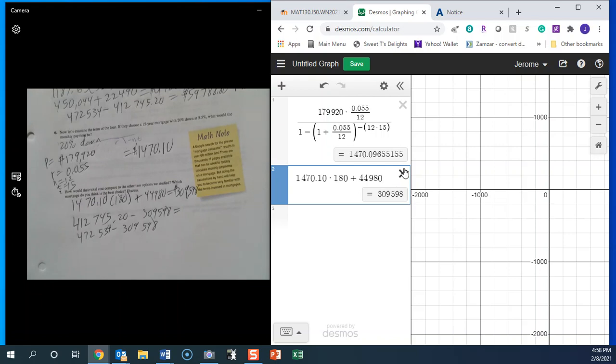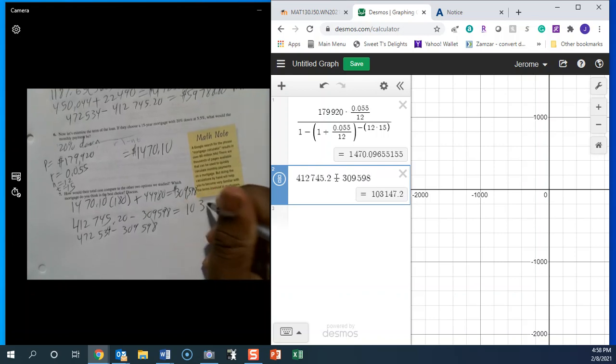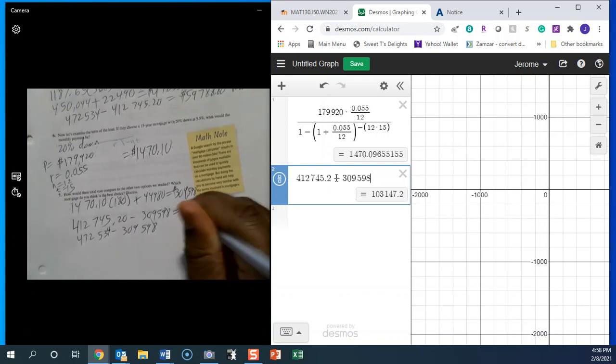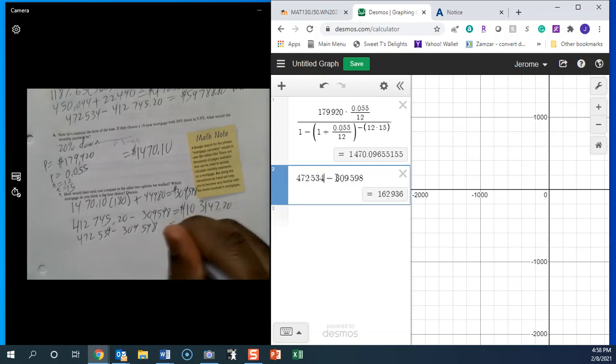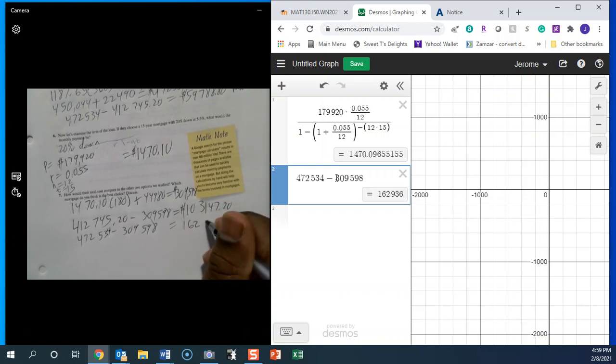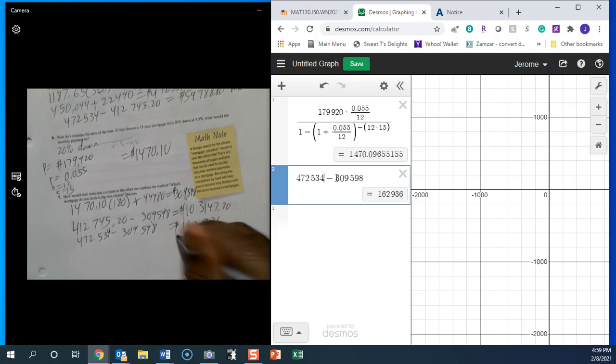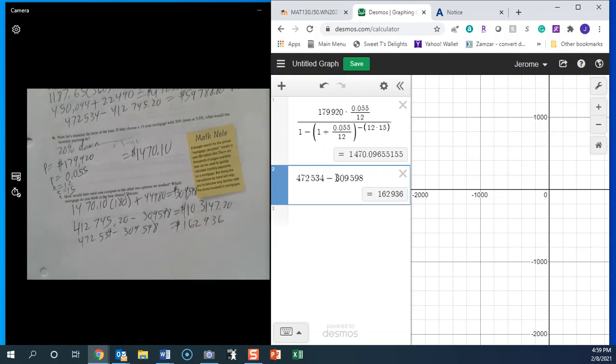So we'll subtract both of these. 412,745.20 minus 309,598 will be $103,147.20. Then we would take 472,534, so that'll be 162,936. So that's how much you would end up saving.